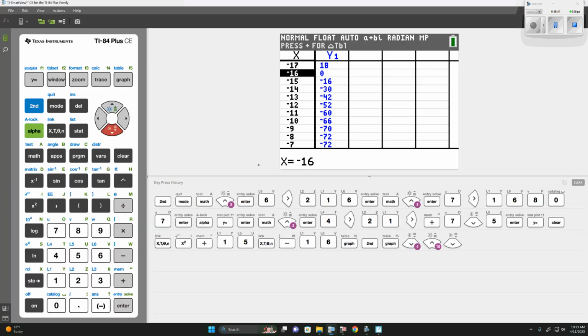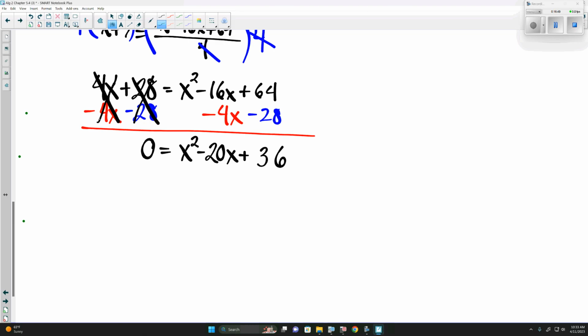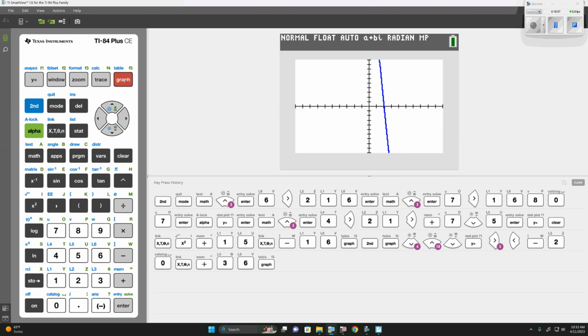So, since x squared is our starting term, we can actually type this in. X squared minus 20x plus 36 graph. So we do see one location that it does cross the x-axis.